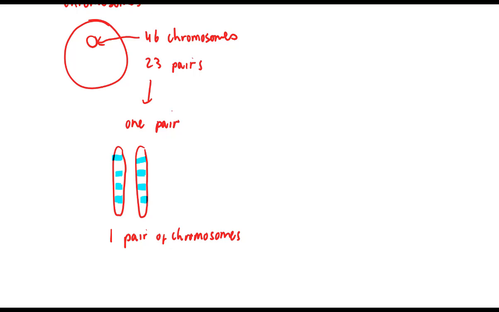Now, as I say, when cells are growing by mitosis, they each need to end up identical to each other. So that means they need the same DNA. So what's going to happen is, near the start of mitosis, the chromosomes change slightly and they become double-stranded.